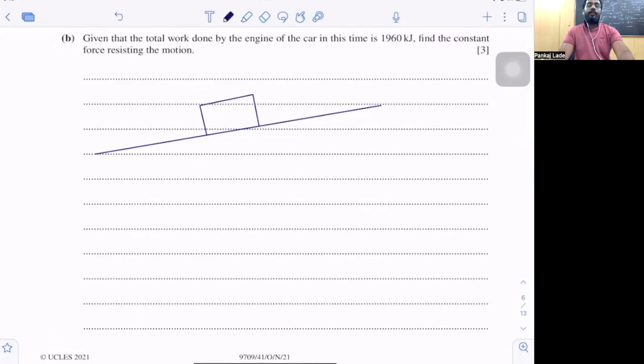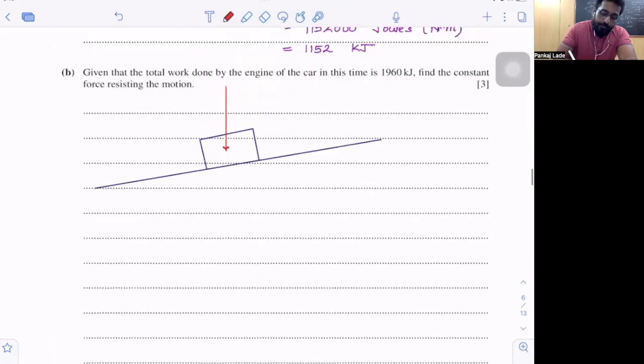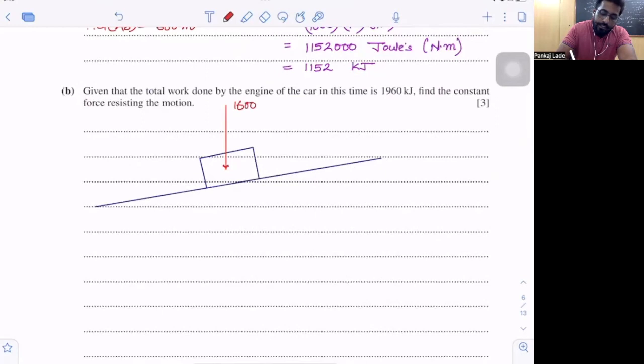Okay, weight is like weight force. So this block has a weight force of how much? So the weight force is going to be 1600 kg multiplied with 10. So that's 16,000 newtons, right? So that's the weight force which is acting in the vertically downward direction.